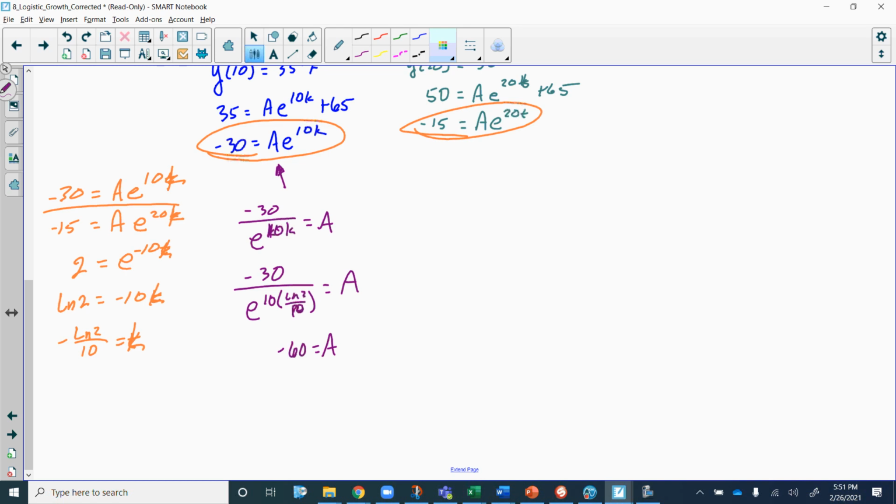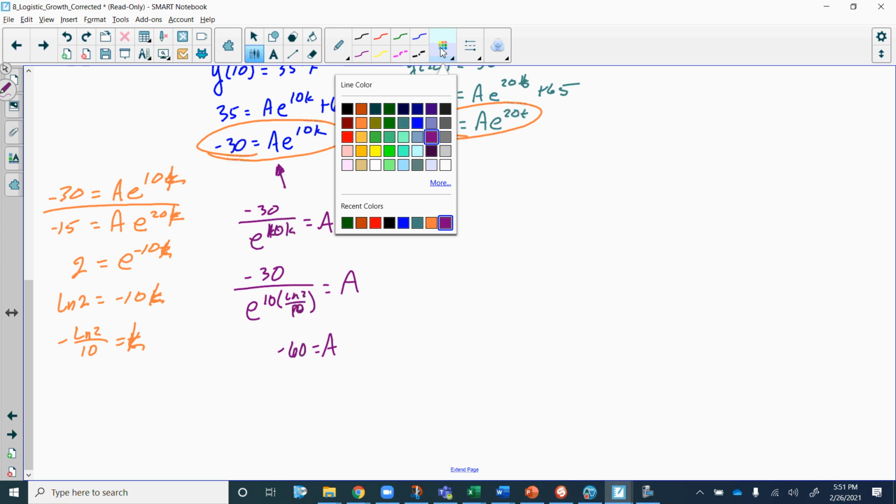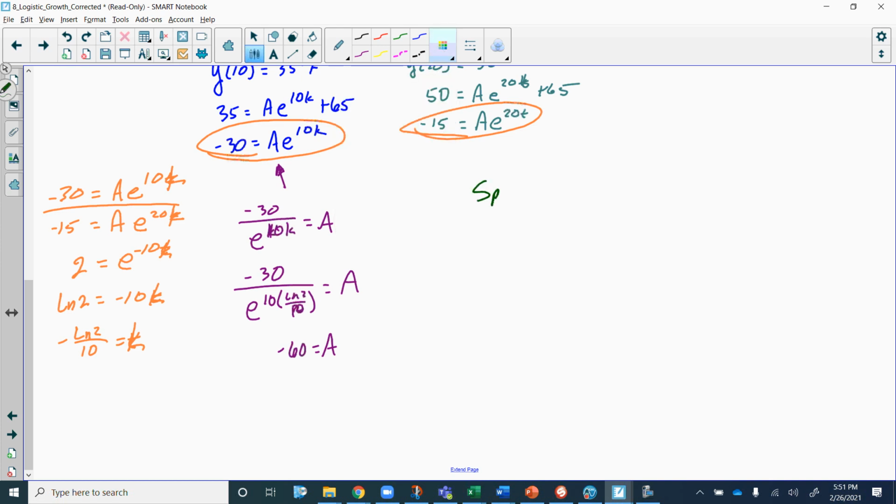So now we have our relative growth rate k. We have the value of the constant for this specific problem to be negative 60. So our specific solution in this case is going to be y, or P of t, or temperature, whatever you want.